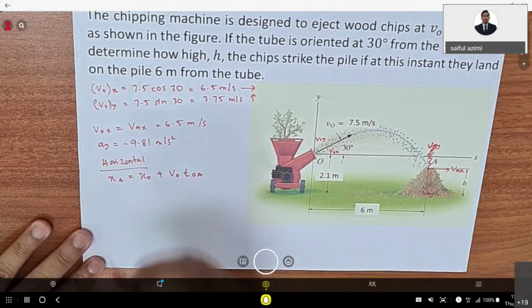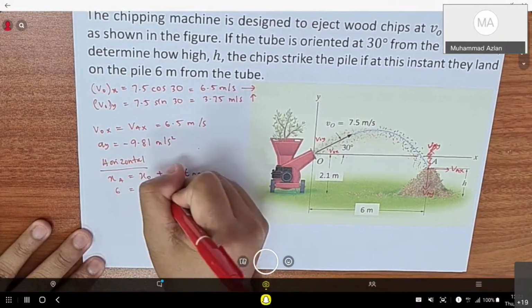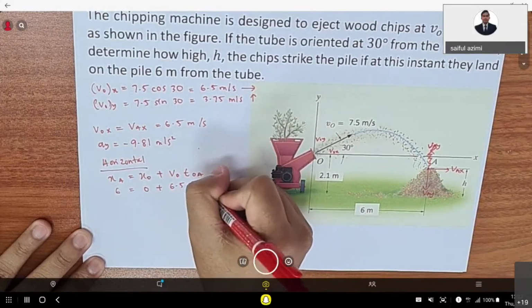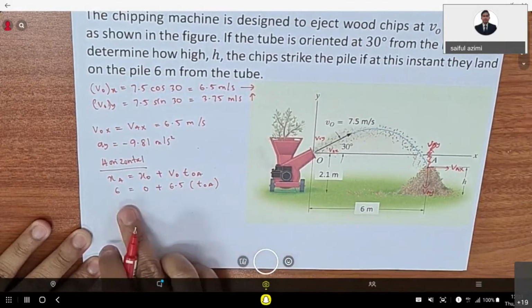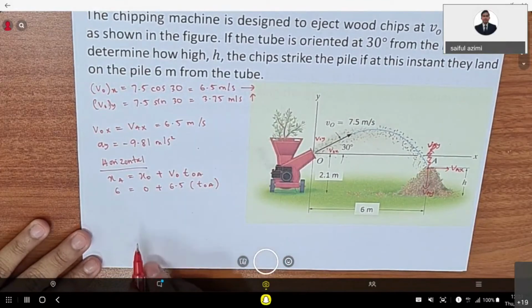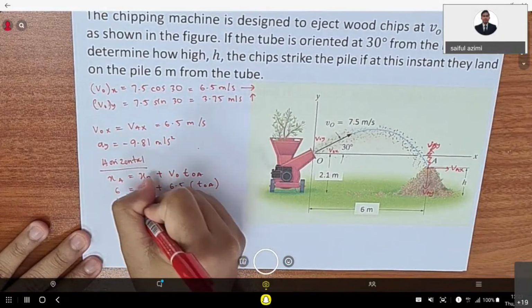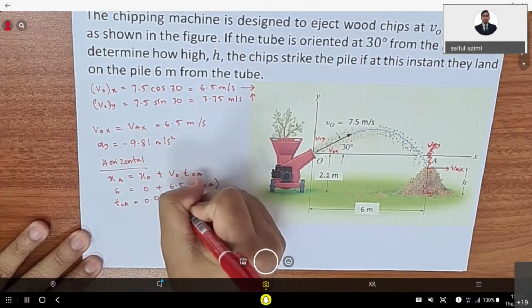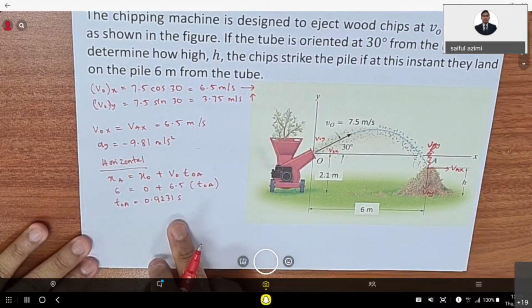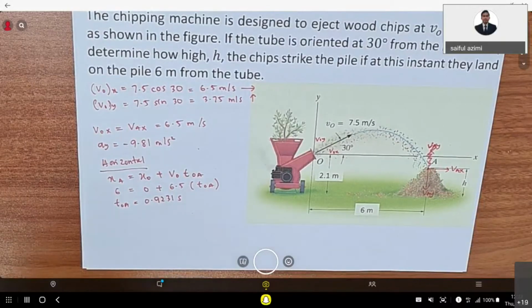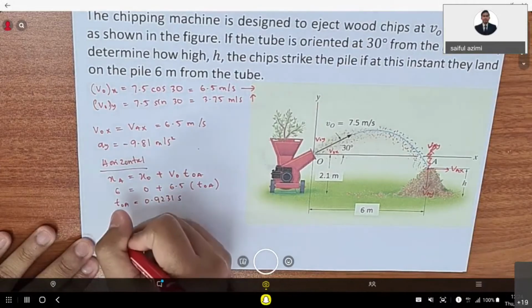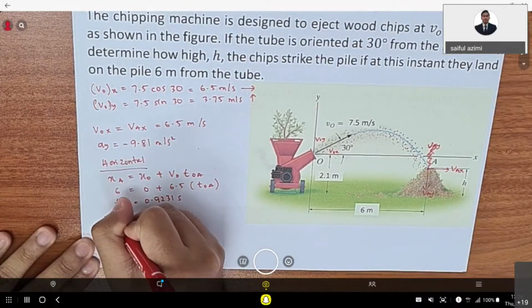Positive 6. So 6 equals 0 plus V0x, which we already have as 6.5, multiplied by tOA. So you will get tOA equals 0.9231 seconds. So right now you already have the time of flight.